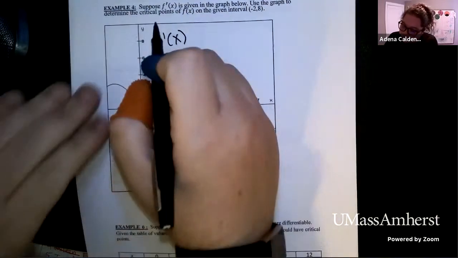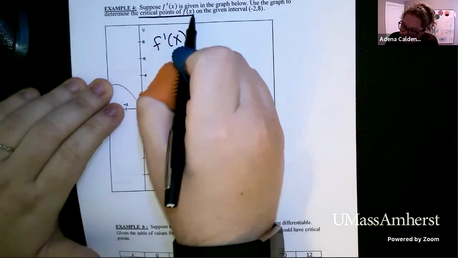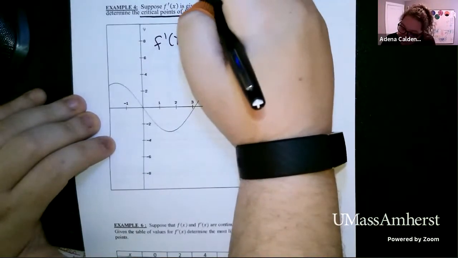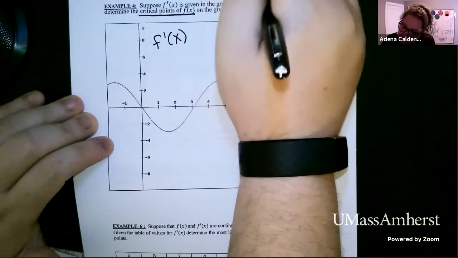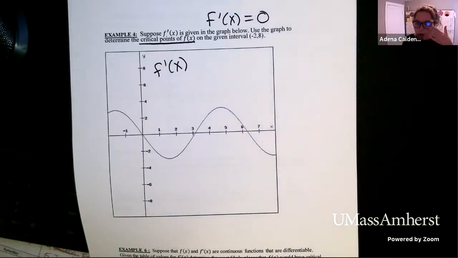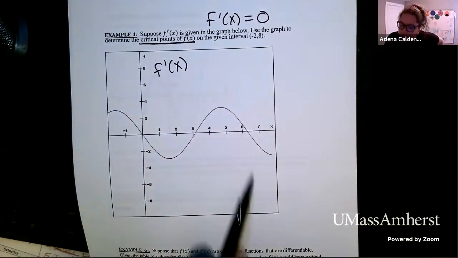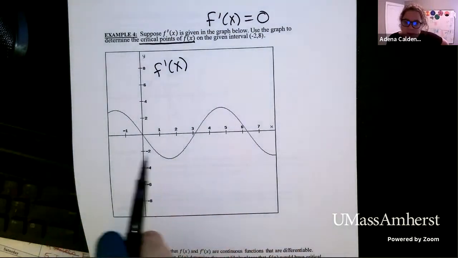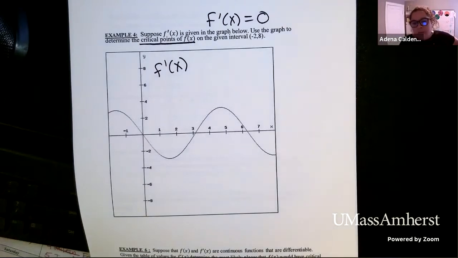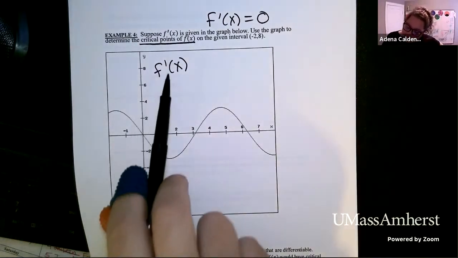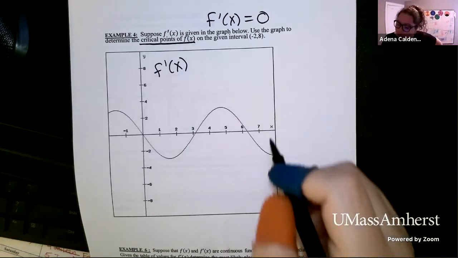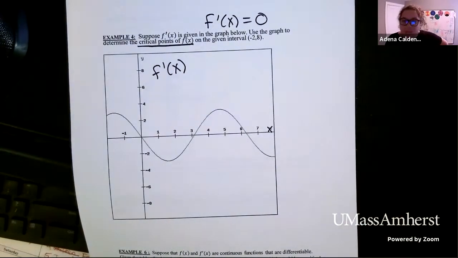If we want to find the critical points of the original function, we want to know, where does the first derivative equal 0? Critical points: first derivative equals 0 or undefined. This graph is continuous, so it's defined everywhere. So we're really asking, where does the derivative equal 0? Since this is the graph of the derivative, we are looking for the places where we cross through the x-axis.